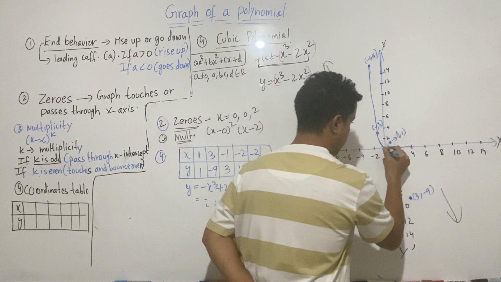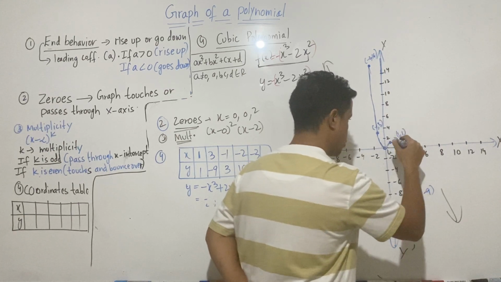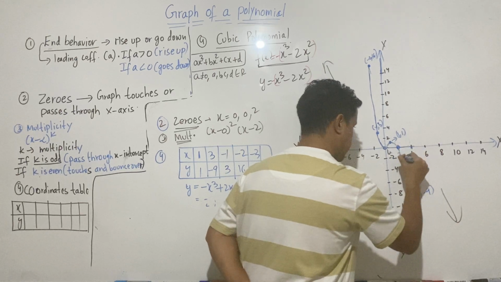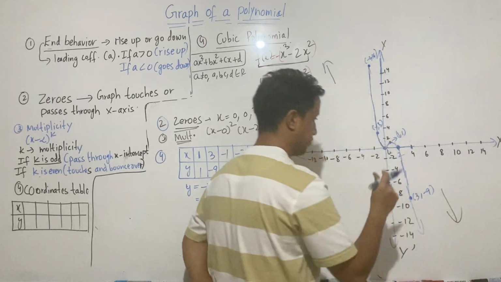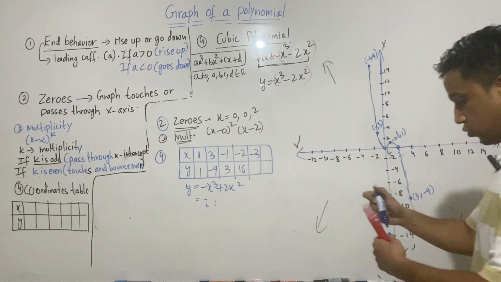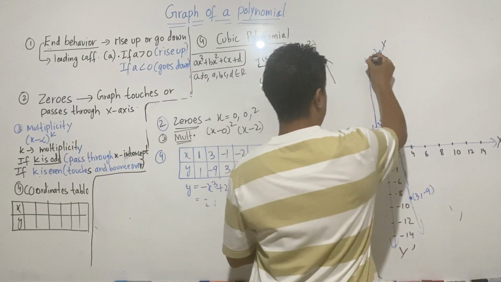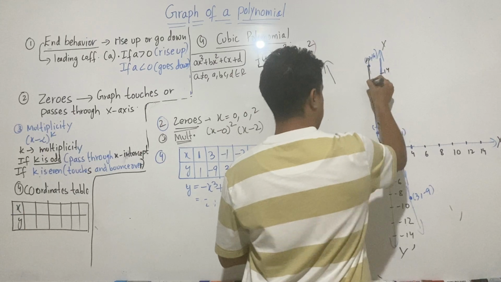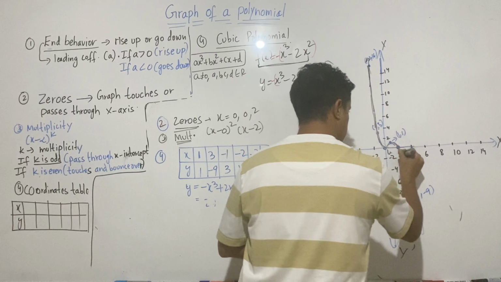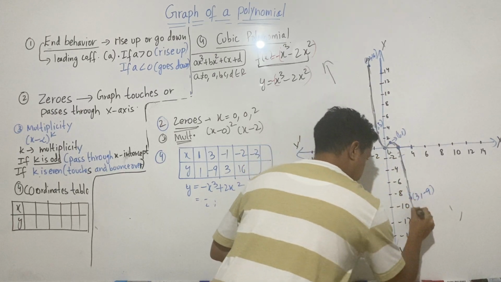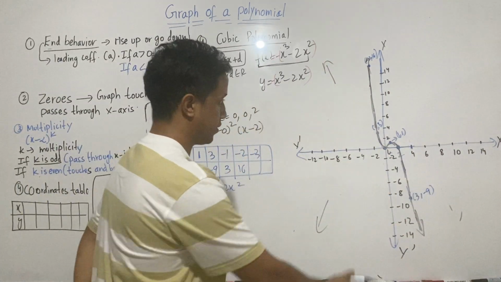And then here it will pass through 2. Why? Because the multiplicity is odd, and then it will follow this way. Okay, so our final graph is this. This is going to be the final graph.